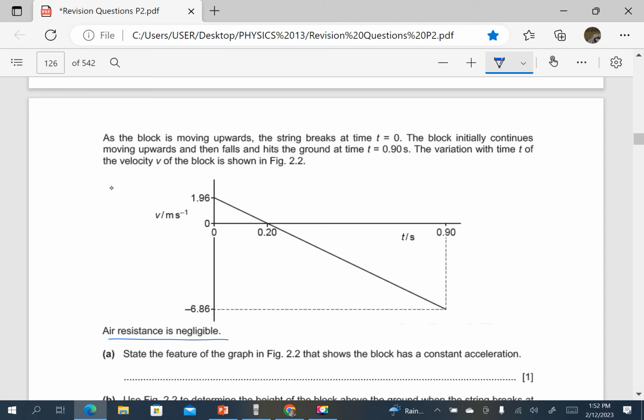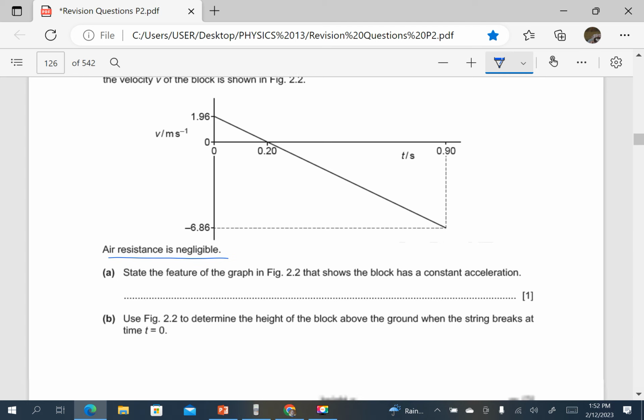Air resistance is negligible, that is very important, so equations of motion can work. State the feature of the graph that shows that the block has a constant acceleration. I think it is a straight line, so it means it has a constant gradient.